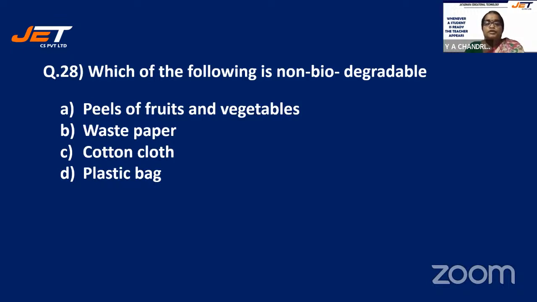That will not get destroyed or decomposed. Peels of fruits and vegetables, waste paper, cotton cloth, plastic bag. The answer is plastic bag. Plastic bag is non-biodegradable, which will not decompose by natural process.